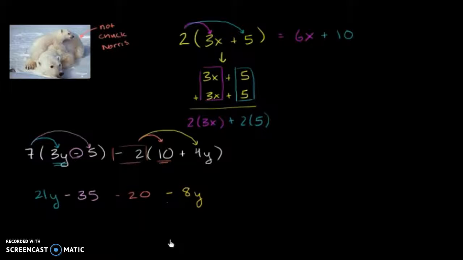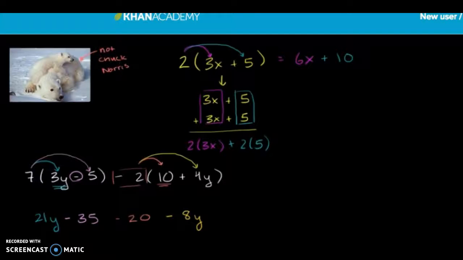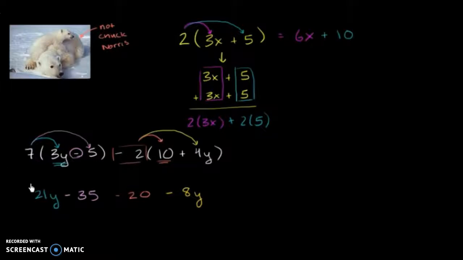And are we done simplifying? Well, no, there's a little bit more that we can do. We can't add the 21y to the negative 35 or the negative 20 because these are different things. But we do have two things that are multiplying y. You have 21y's right over here, and from that we are subtracting 8y's.